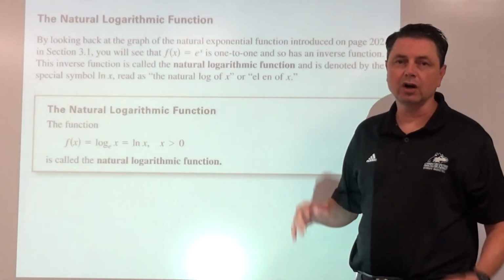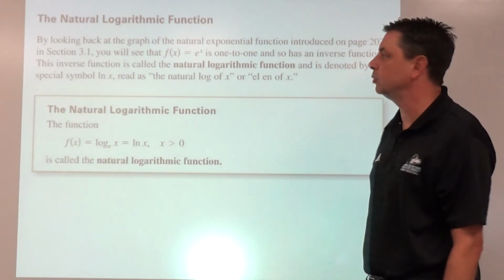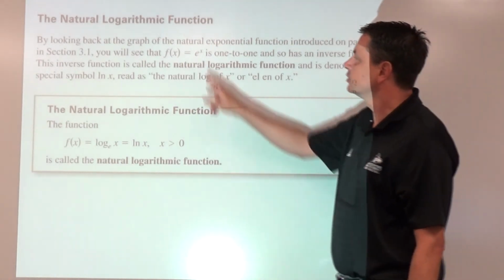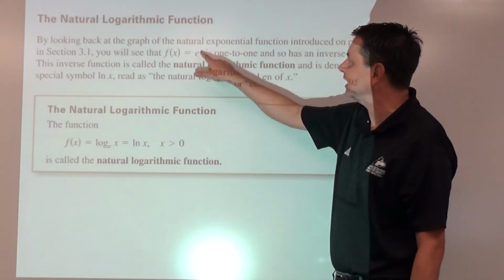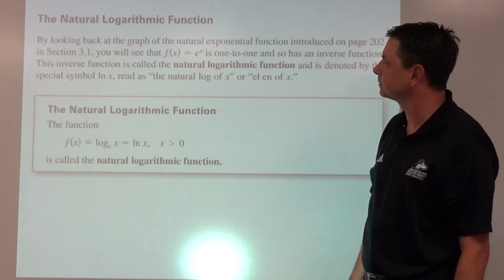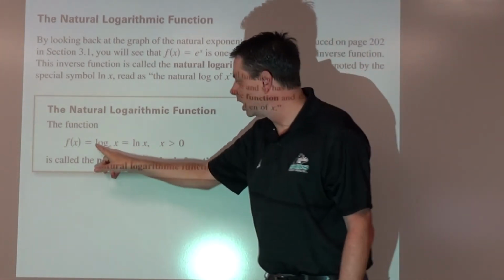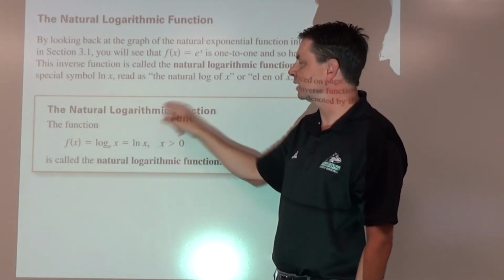The other of our special bases looked at in lesson 3.1 is the natural base e. F of x equals e to the power of x is the natural exponential function. Therefore, if we use that as the base, log base e of x, that's the natural logarithmic function.